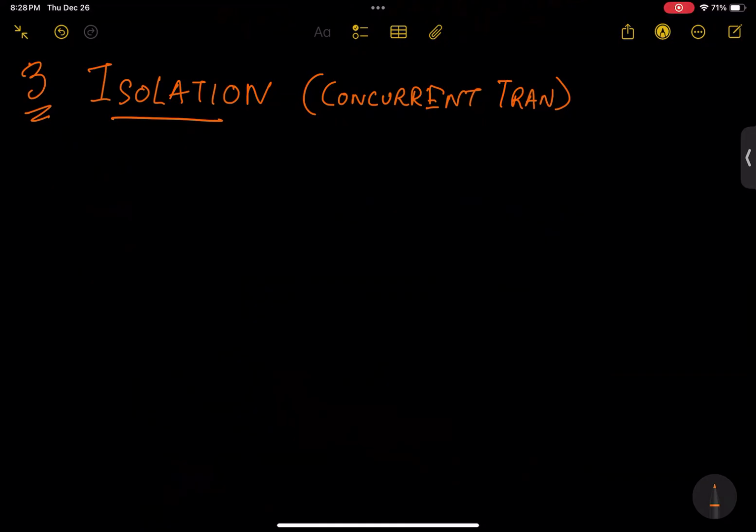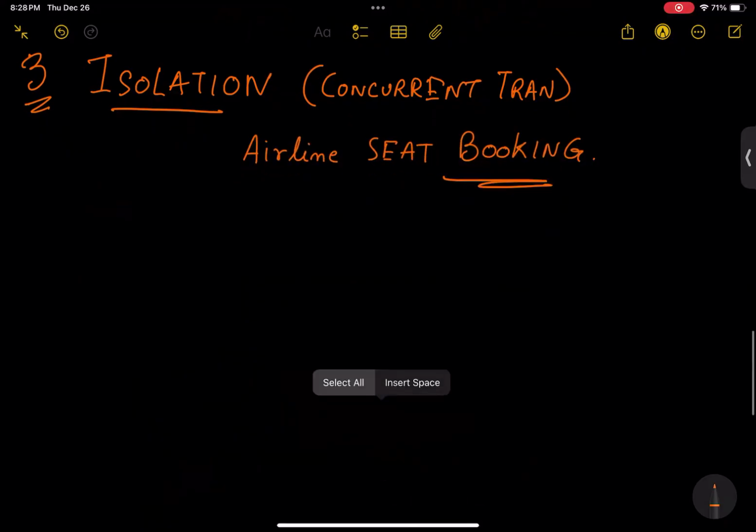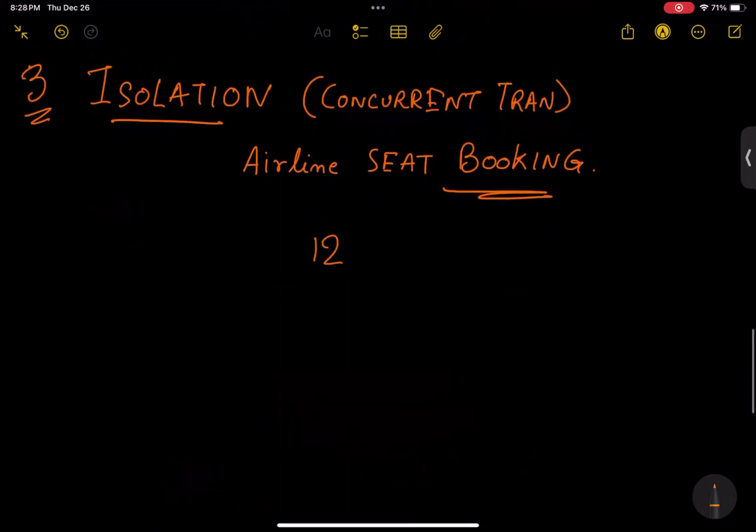So I'm talking about a race condition here. The best example is this. Say you have one seat, for example 12A.